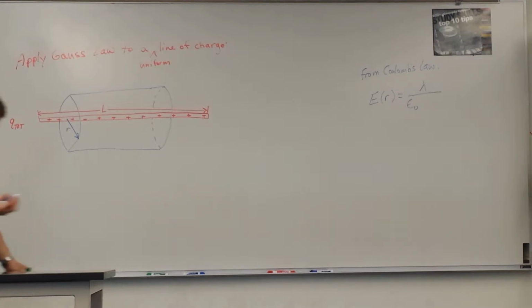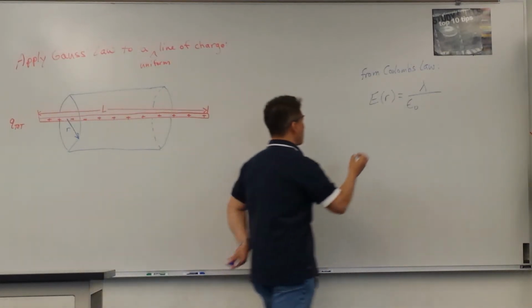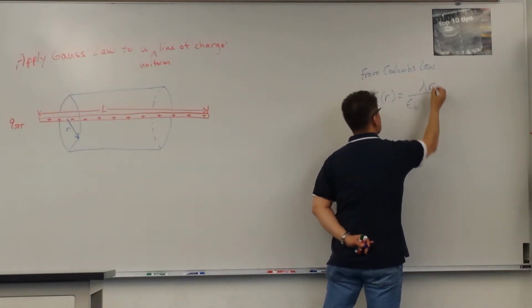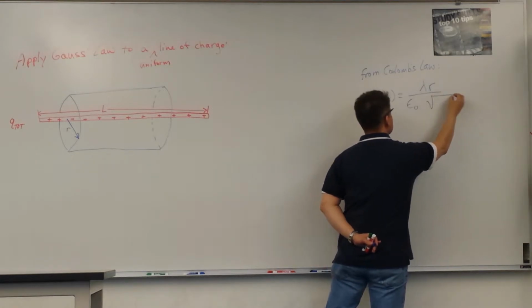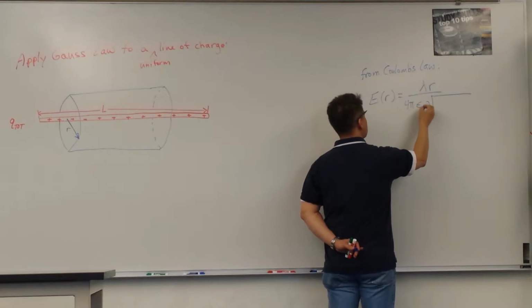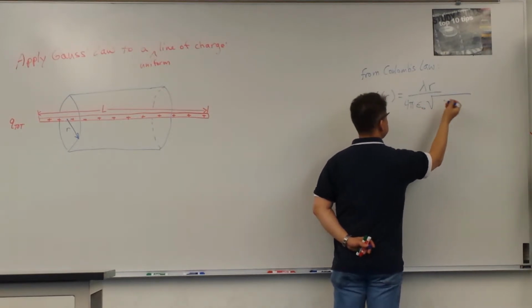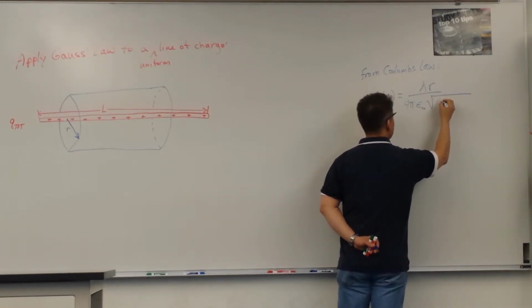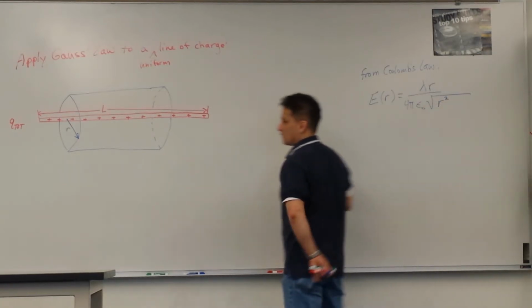It's going to be 4 pi epsilon naught, R squared.